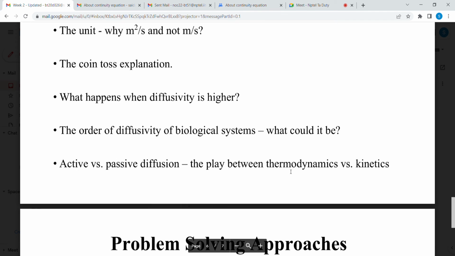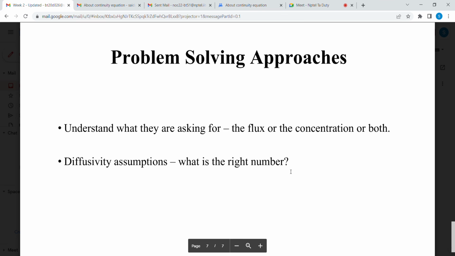So this is about diffusivity. Once you see the videos and finish it off, you will be asked to complete other assignments, both graded and ungraded. I would like to give you a sense of how to go about it. First of all, read the question fully.